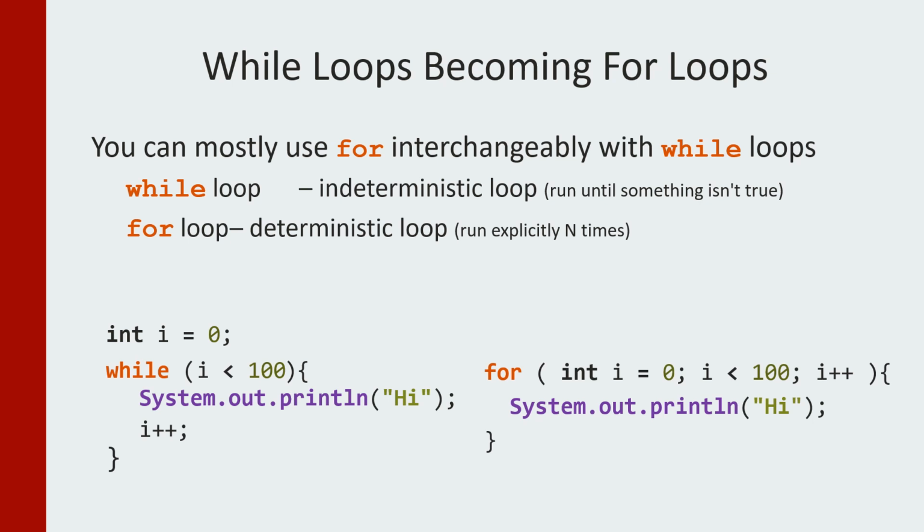Now, more or less, you can use for loops interchangeably with while loops. In general, you should use a while loop as an indeterministic loop, meaning running until something isn't true, and a for loop you should use as a deterministic loop. In other words, you know explicitly that you're running it n times. That doesn't always have to be the case, but in general, this is the way that you would want to use things.